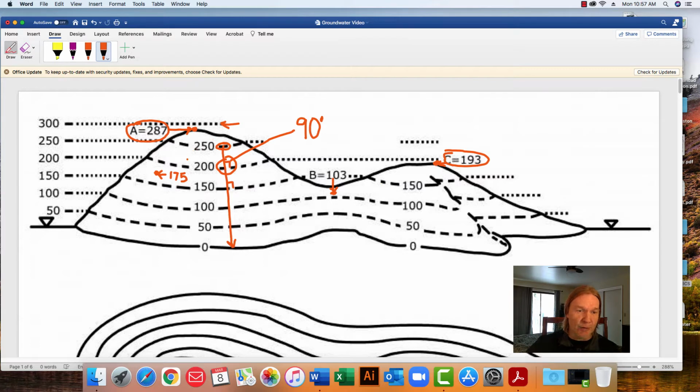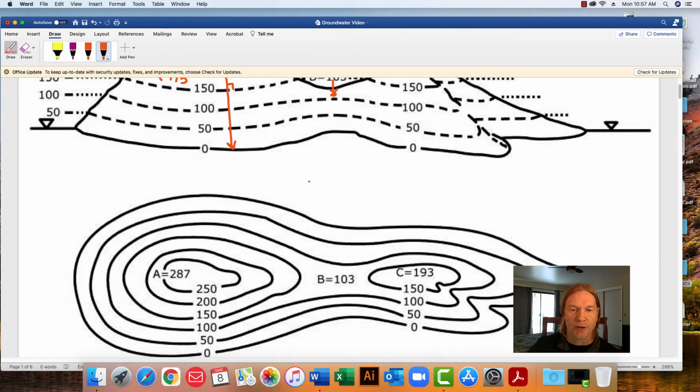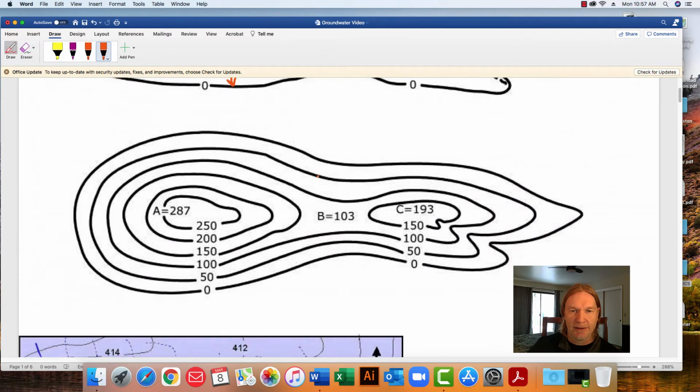Now we really don't need contour lines in this diagram to help us figure out what we're looking at. We're looking at two hills, a big hill and a small hill over here with a little saddle in between. If we scroll down a little bit, we'll see what contour lines would look like in a two-dimensional drawing.